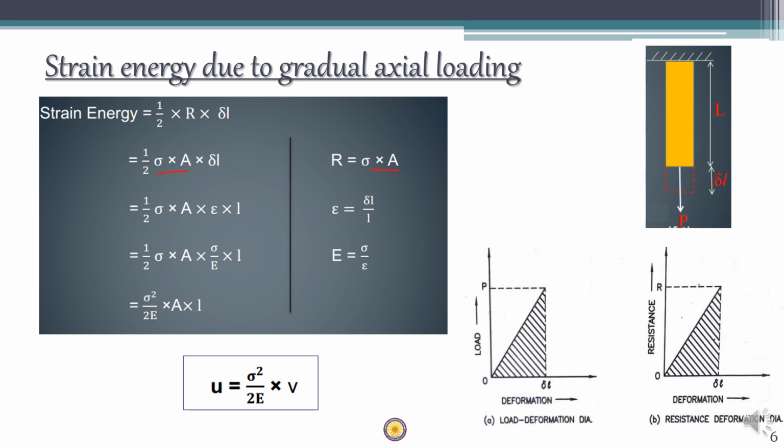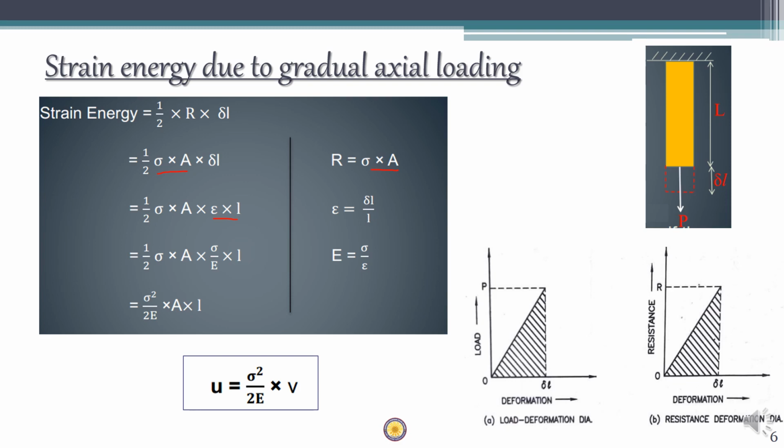Epsilon into L, right? Because strain epsilon is equal to change in length divided by original length, which means that delta L is equal to epsilon into L. Again, what is epsilon? According to Hooke's law, E is equal to stress by strain.